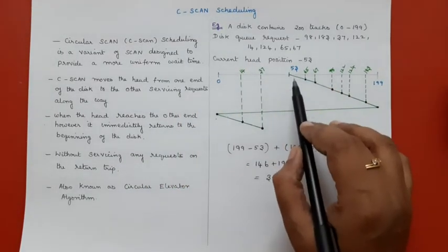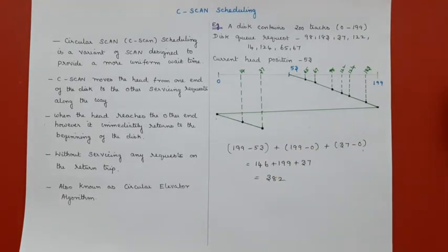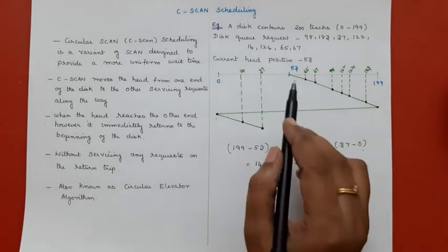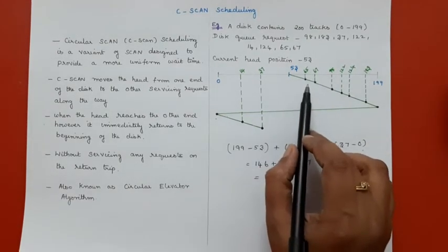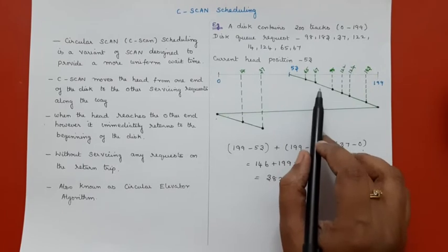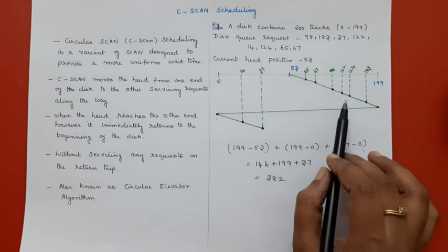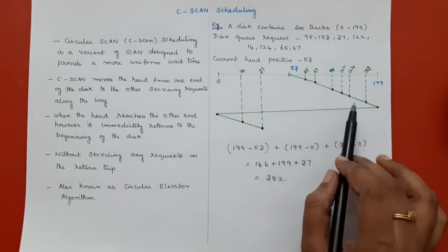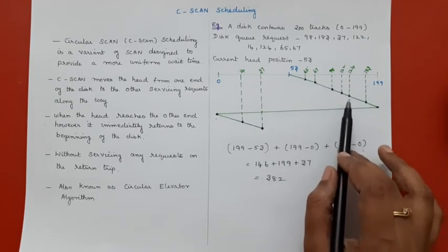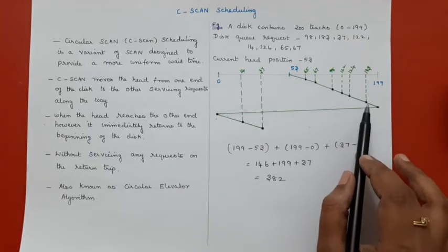It is going to move towards the larger end, my larger values. So from 53 it moves to 65, from 65 to 67, from 67 to 98, from 98 to 122, from 122 to 124, and from 124 to 183.